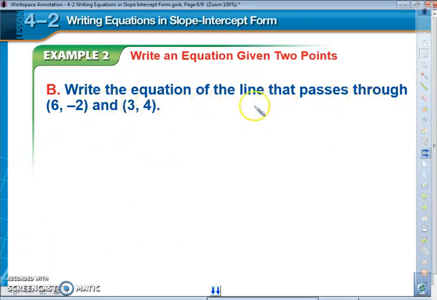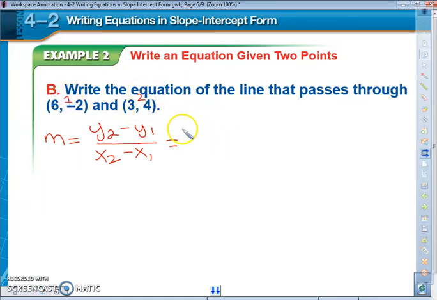Write an equation of the line that passes through these points. All right, so our slope formula: slope equals y2 minus y1 over x2 minus x1. So I'm going to say this is 2, this is 1. Let's do it. 4 minus -2 over 3 minus 6.